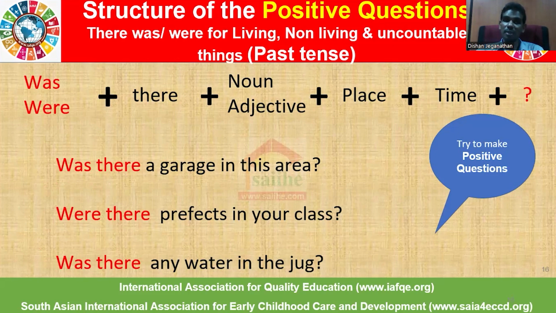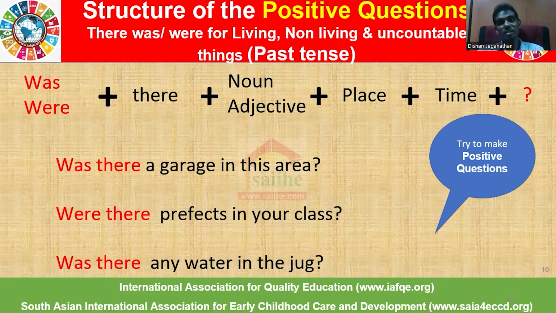So the structure would be was there plus noun with adjective plus place and time. Or for a plural sentence question, it would be were there plus noun adjective plus place with time.